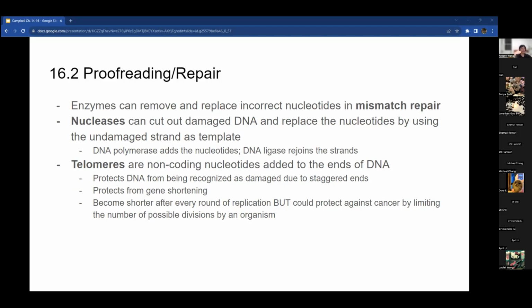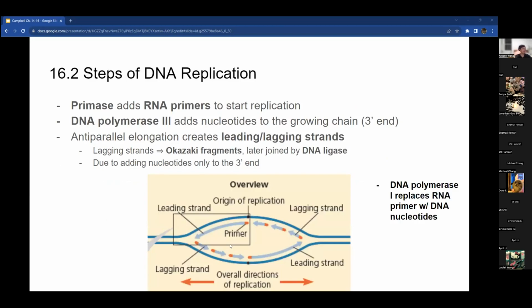If we go back to the lagging strand, I don't think we have the time to explain exactly why we need telomeres, but just know that because of lagging strands, at the end of every piece of DNA, on the lagging strand side, every single time DNA replicates, you lose an Okazaki fragment at the end of the strand.